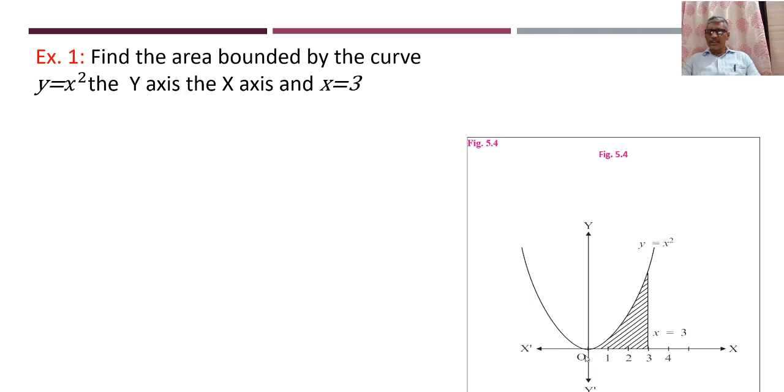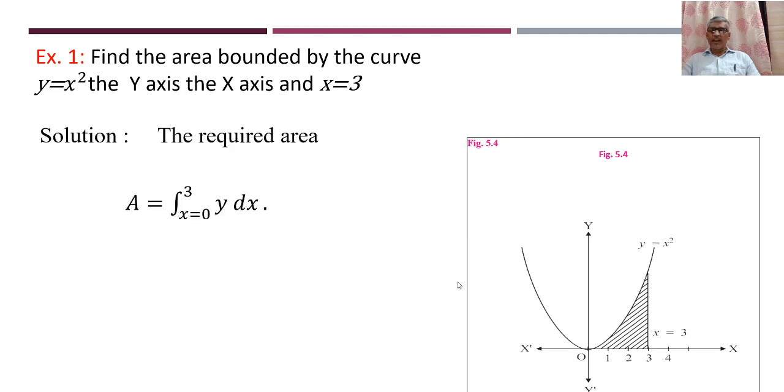Now here the initial, or lower limit, is 0, because the curve starts at the origin, and the final point is x equal to 3. Therefore the lower limit is 0 and the upper limit is 3. Then the required area A, the shaded portion, equals integration to the limit x equal to 0 to x equal to 3 of y dx.